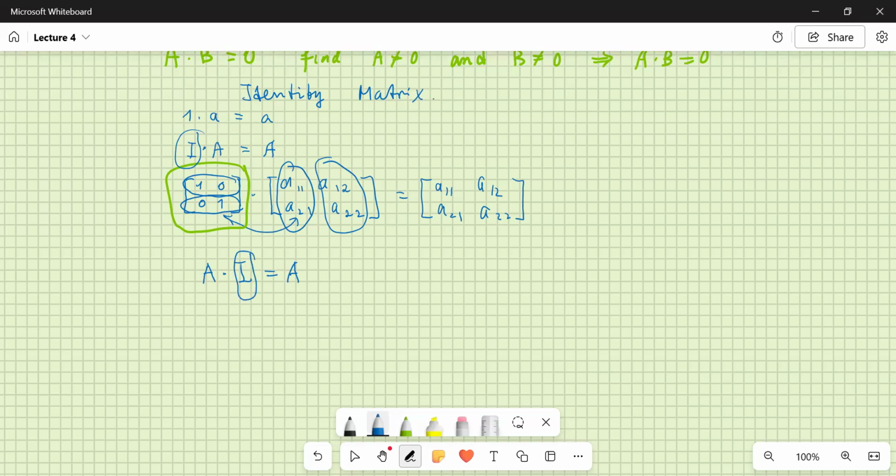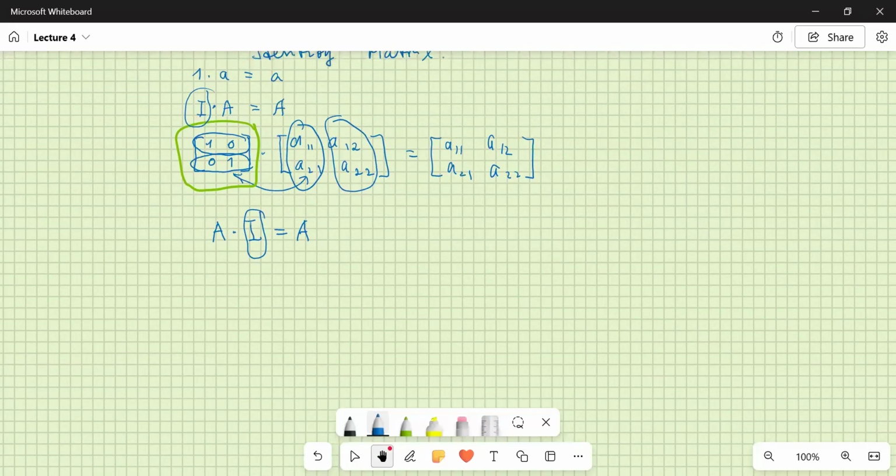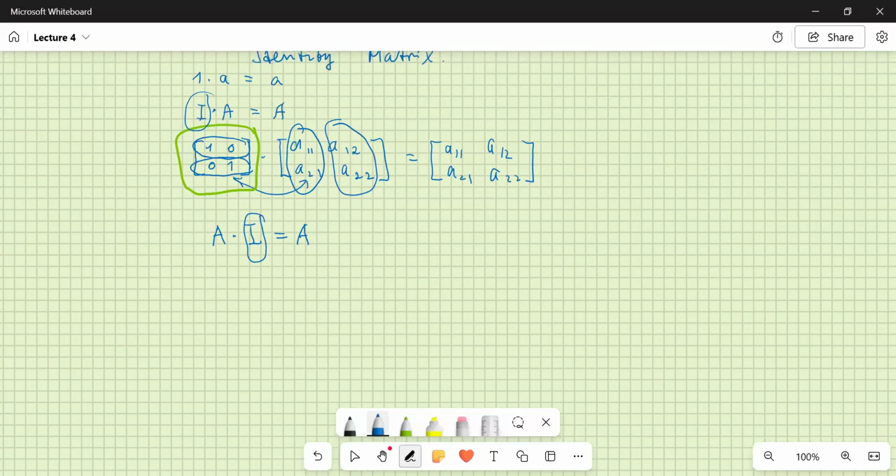Let me show it to you on an example of a non-square A matrix. If your A matrix is a square matrix, of course, two identity matrices are going to be the same, just because multiplication requires the same number of columns and rows for the multiplication to exist.